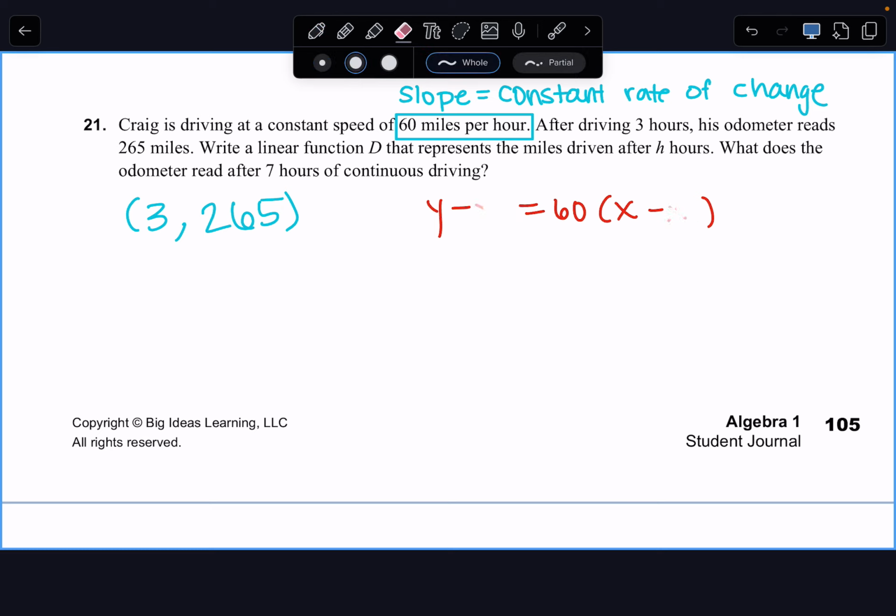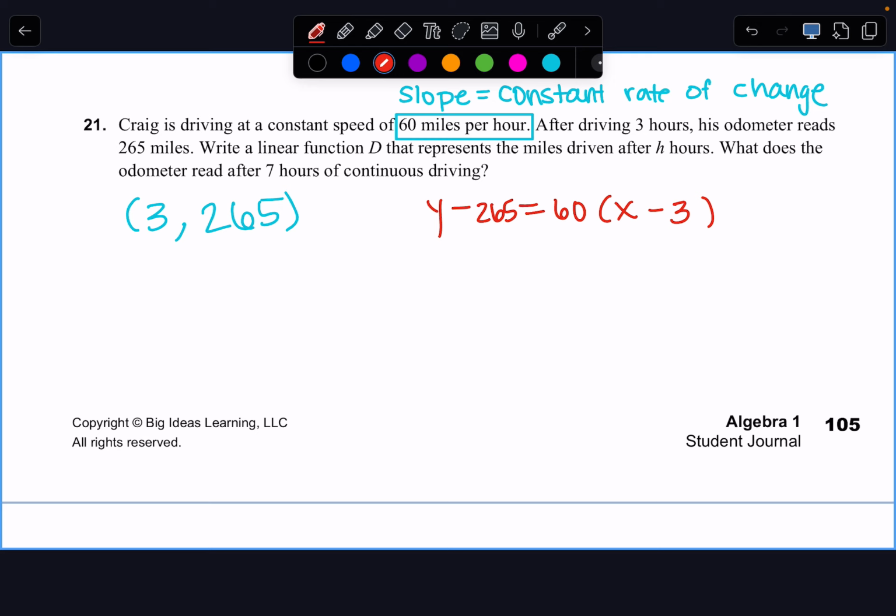And then our coordinate is 3 hours after 265 miles. H, our number of hours, is our independent variable, but our miles driven, that's dependent. It's depending on how long we drive to figure out how far we've gone.